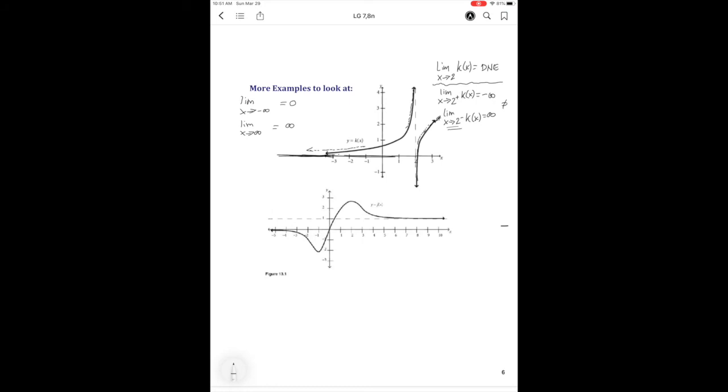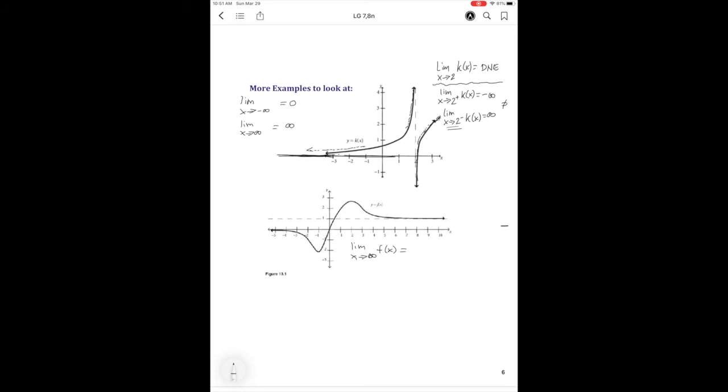Now let's look at the one below here. So let's make a limit question. The limit as x is approaching infinity of f of x.